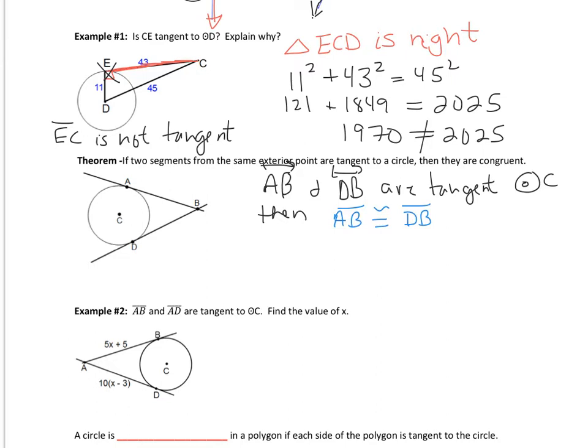They are the same length. So we can say this is the same as this, if they're both tangent, and they of course have to meet.